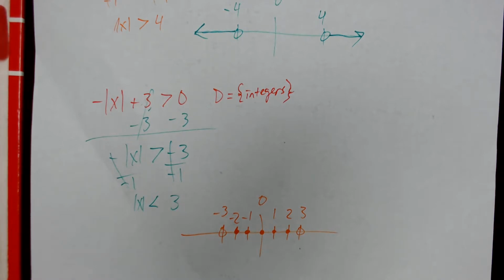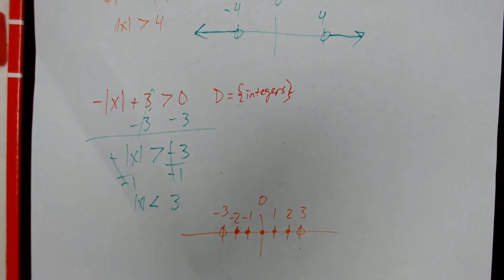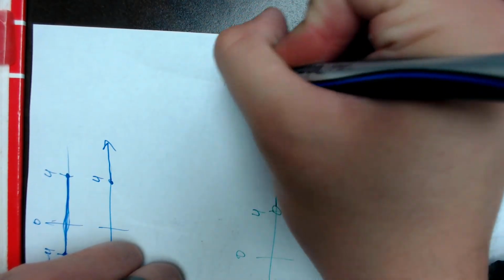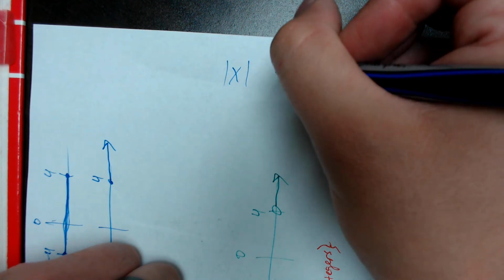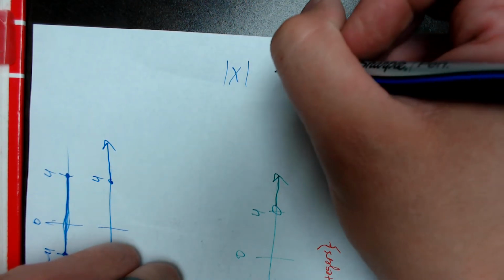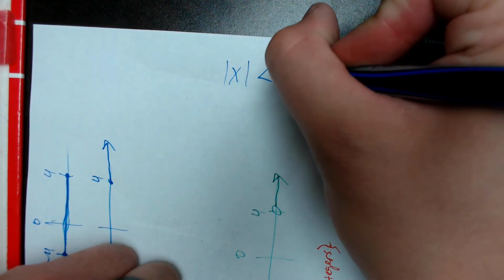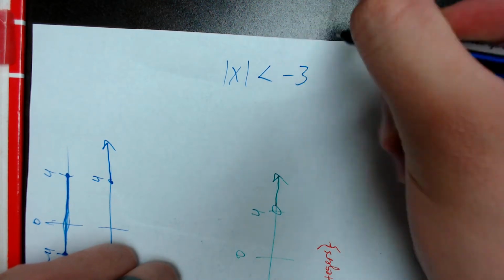Okay, what else do we have for this lesson? Negative numbers and absolute value. So what they're talking about is if you solve an absolute value equation and you get the absolute value of x is less than a negative number like -3.